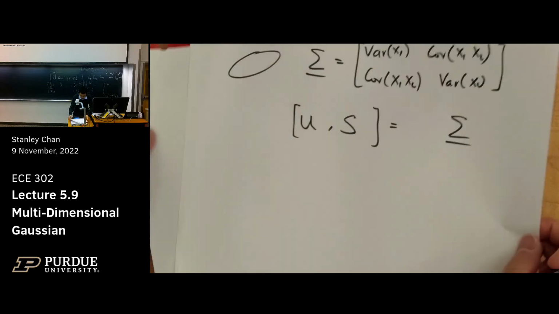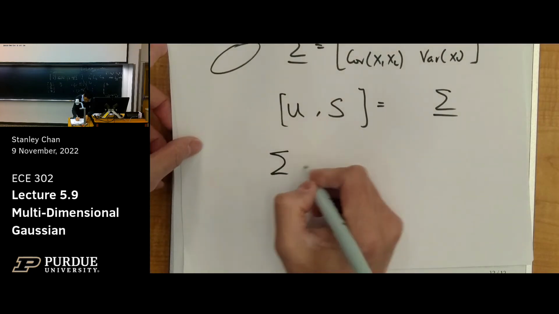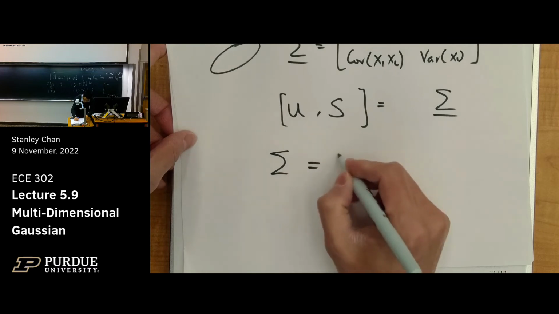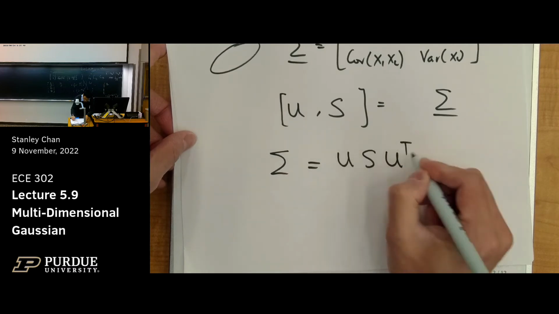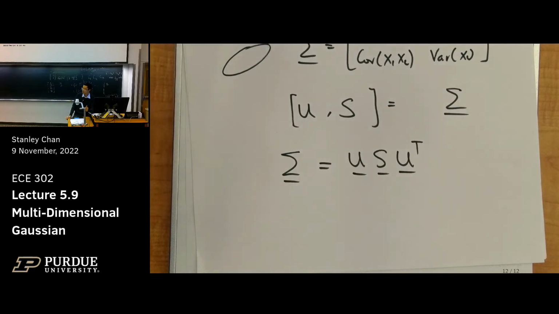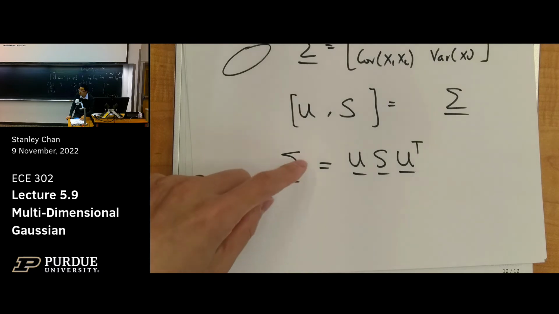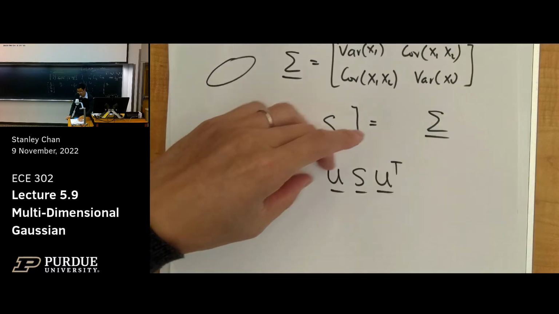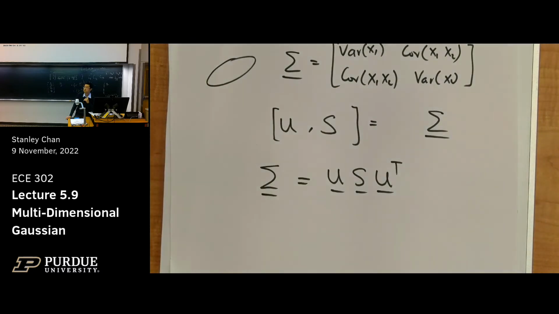You write sigma equal to U S U transpose. This is what we call a decomposition. I haven't explained what that means, but it is a decomposition of a 2 by 2 matrix into a product of 3 matrices.